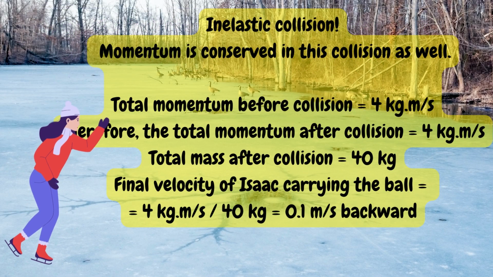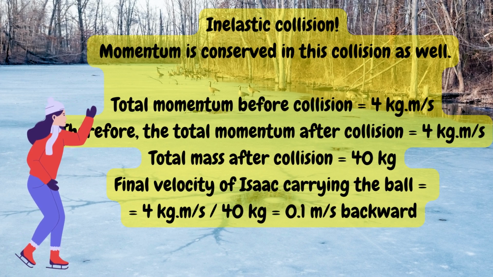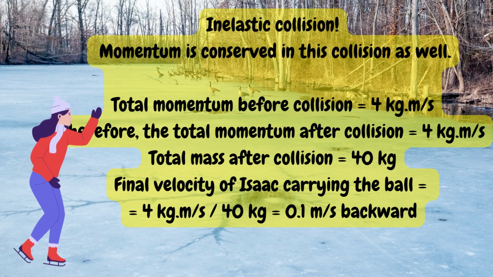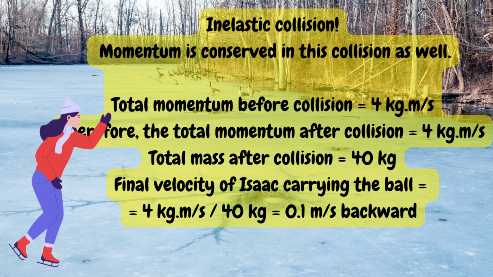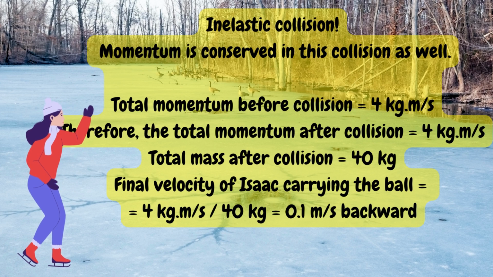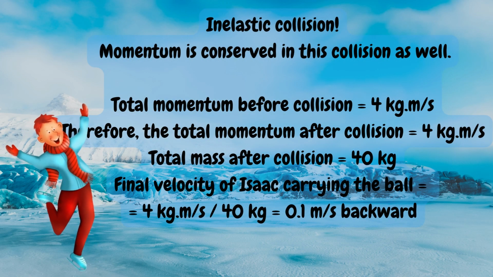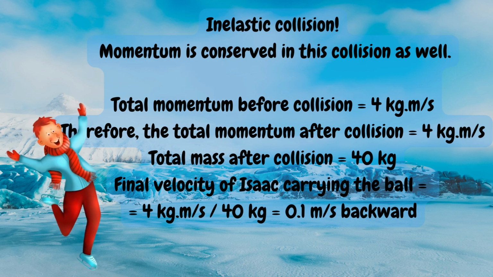This is an example of an inelastic collision. Momentum is conserved in this collision as well. Total momentum before collision equals 1 kilogram times 4 meters per second, which equals 4 kilogram meter per second. Therefore, the total momentum after collision is also equal to 4 kilogram meter per second.